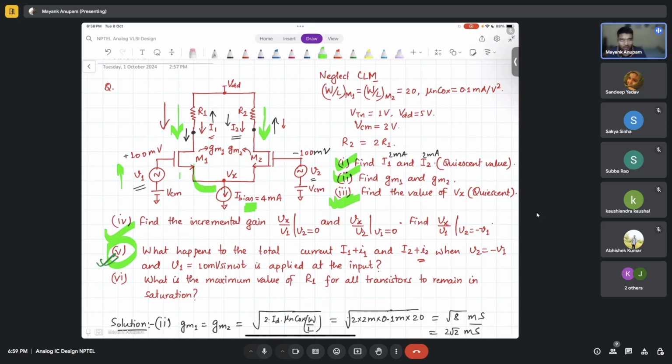Now you expect that there will be a point where if you increase the voltage at this node further, all the current will be completely flowing through the first branch only, M1 only, and nothing will flow through M2. There should be a point, right? So this is basically current steering.